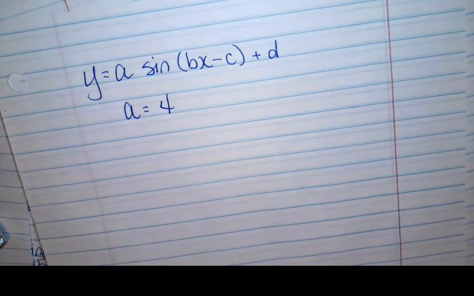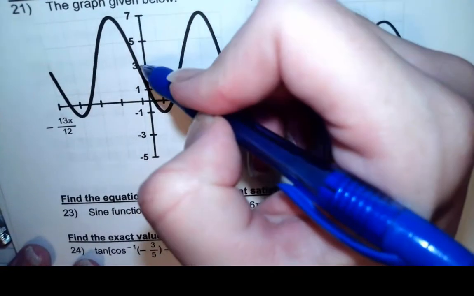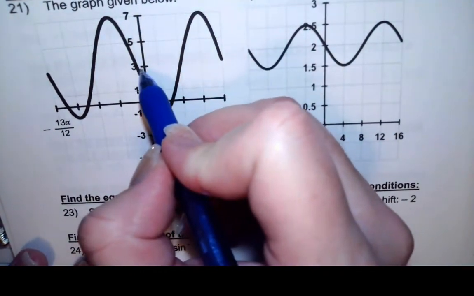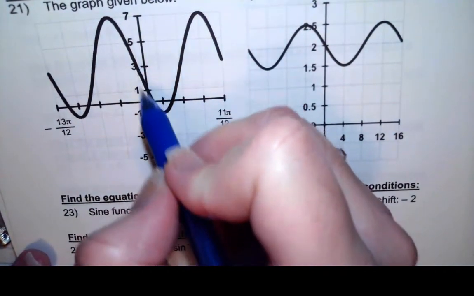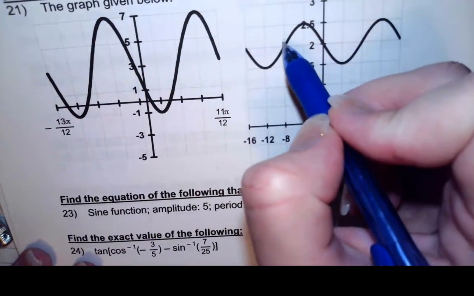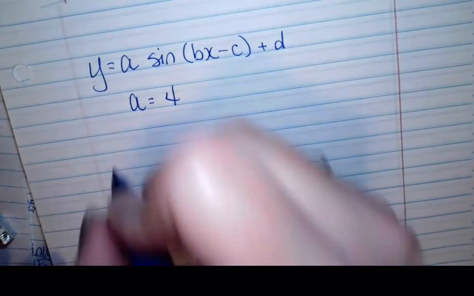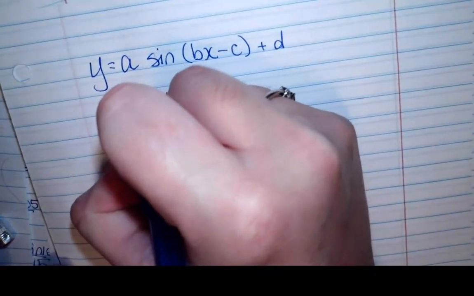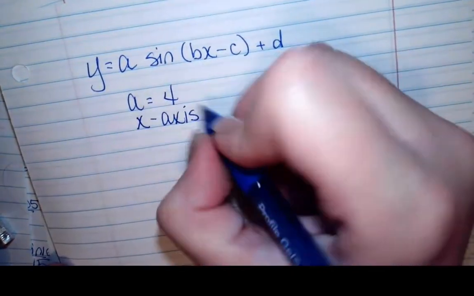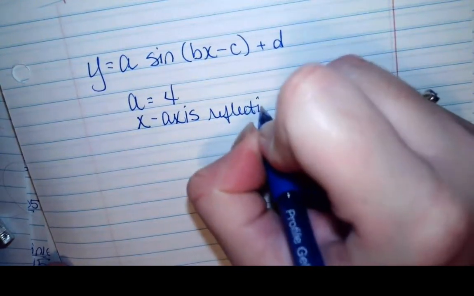Okay, I also notice that if this is going to be my central part, so 7 minus 4, -1 plus 4, that means I shifted that thing to the left a little bit, and you'll notice it drops down. Normally sine would go up, like this right here, sine is going up. So that's what you would expect to see, which means I have been flipped across the x-axis. So I'm going to lead off negative. So I've got an x-axis reflection.